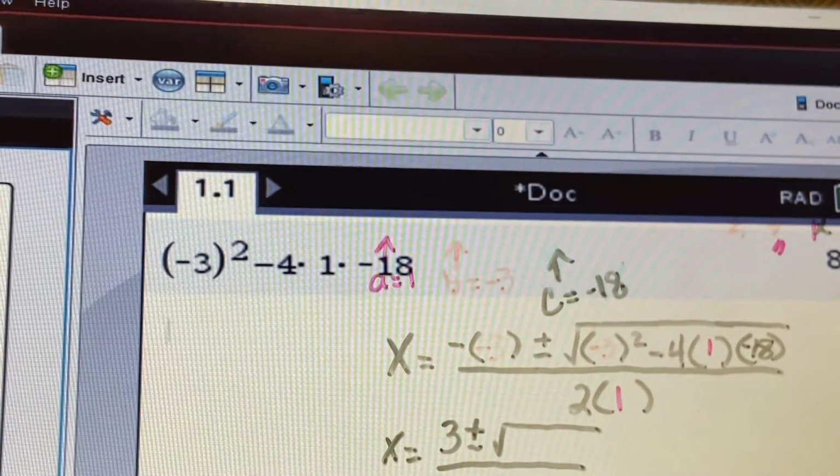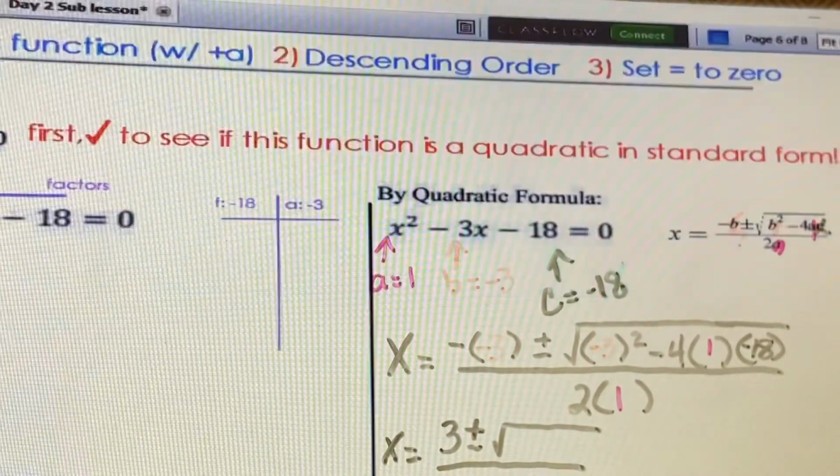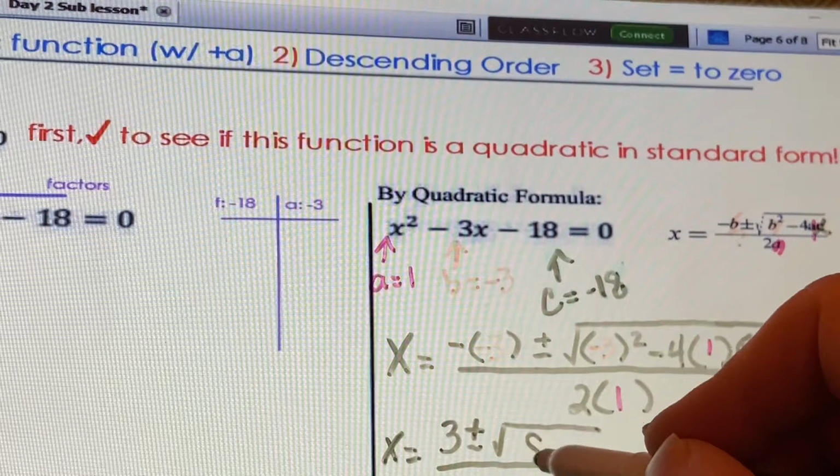So right here, we have square root of 81.